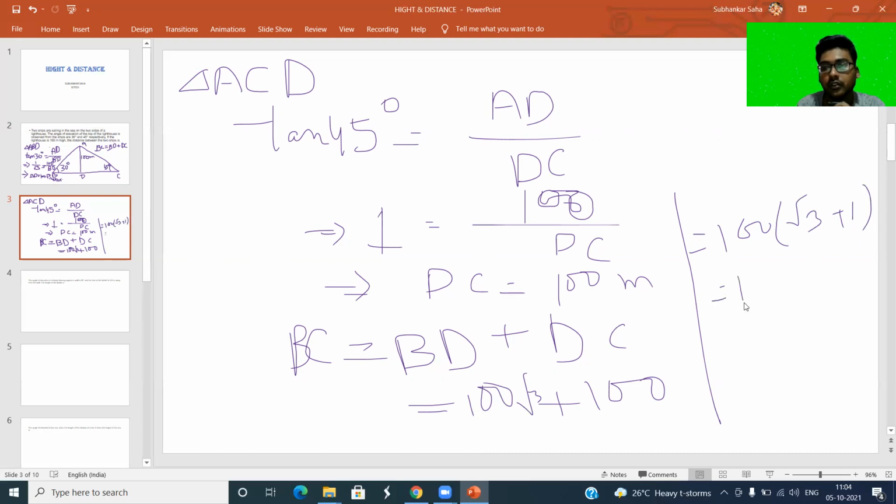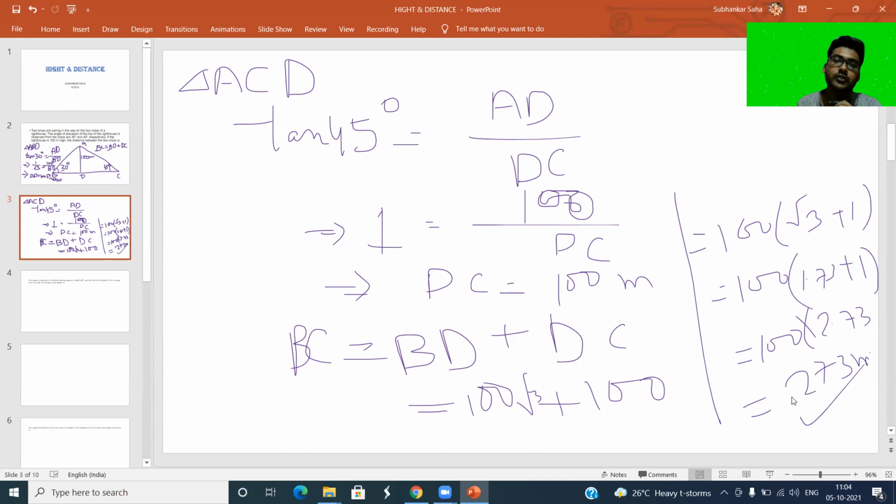Root 3 is 1.73 something, plus 1, so 100 into 2.73 is equal to 273 meters. Okay, correct, easy.